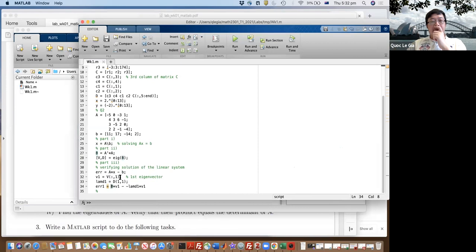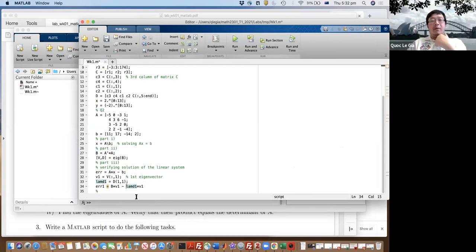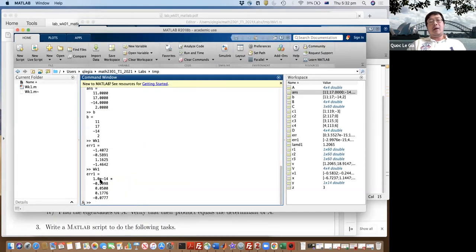It's not minus lambda, okay, so it becomes positive. Now it's correct. So the error is 10 to the minus 14, very close to 0. So that's verified, and you can do the same for the other eigenvectors.